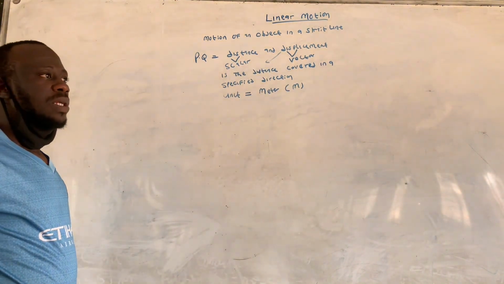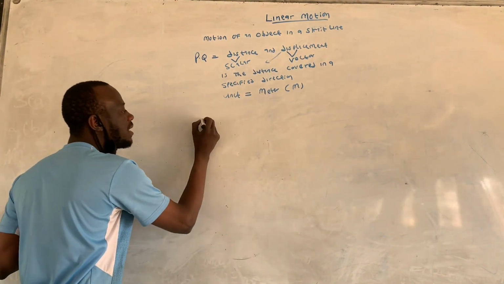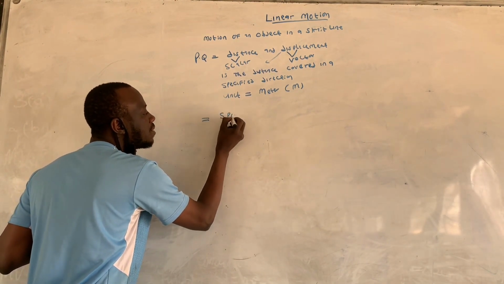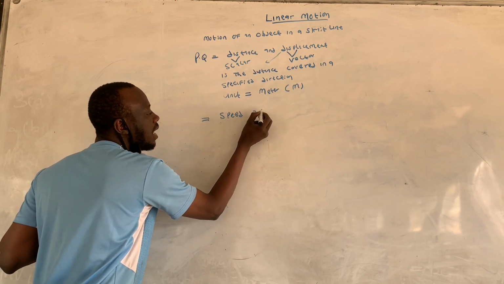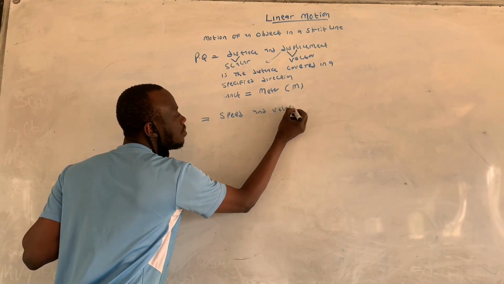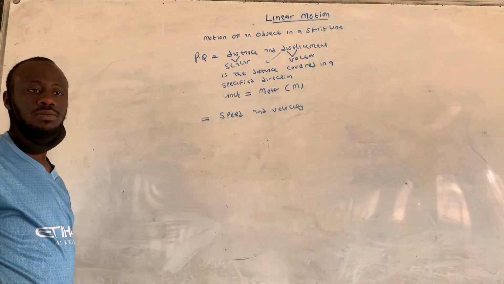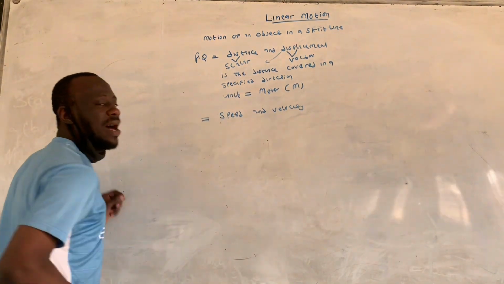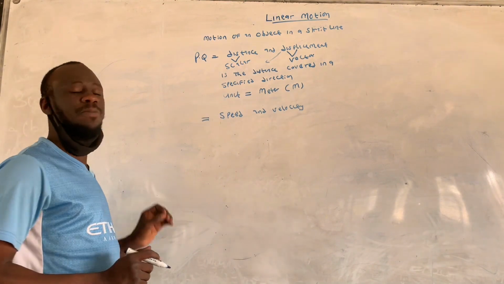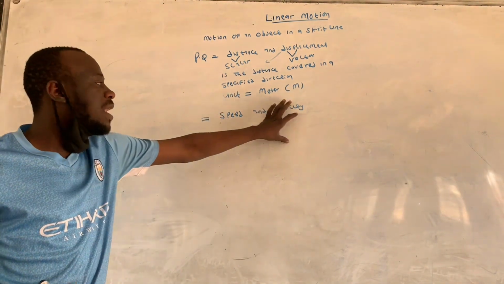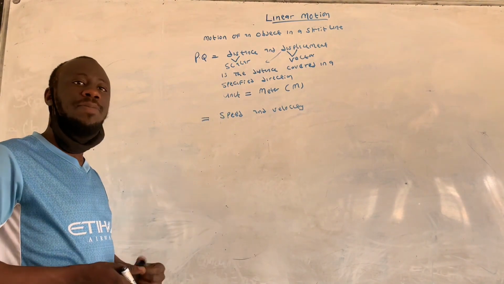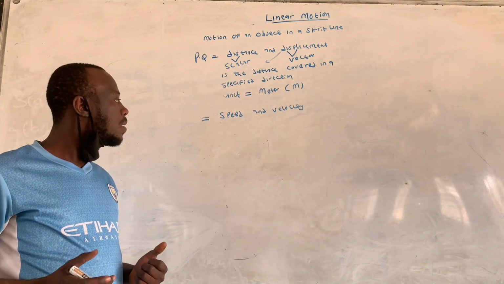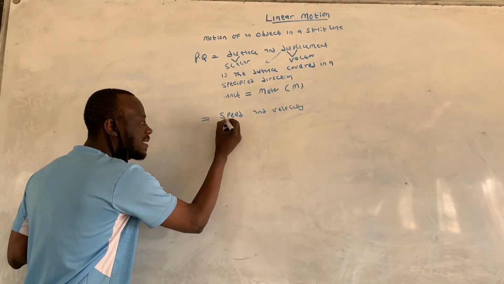Then the second physical quantities are speed and velocity. Speed and velocity are two words that are often used interchangeably. Speed is not velocity and velocity is not speed. They have the same SI unit, meter per second, but one is a vector and the other is a scalar.